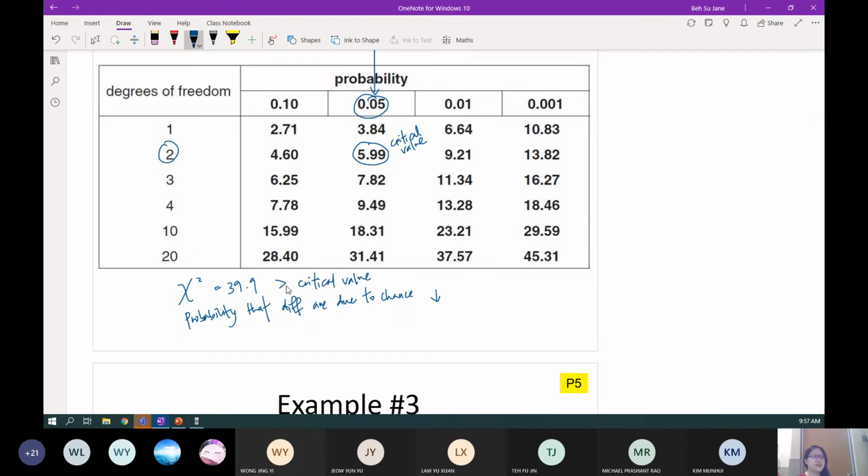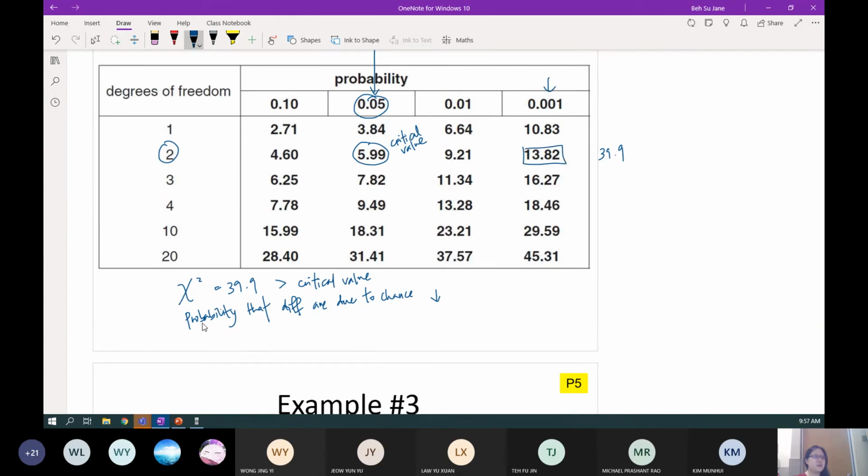Okay, so 39.9 is extremely big. This is 5.99 as a critical value. 39.9 is all the way over here on the scale. It's bigger than this number here.